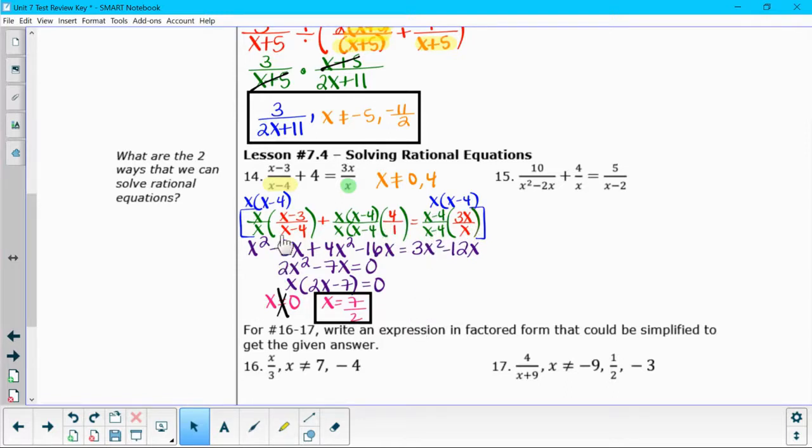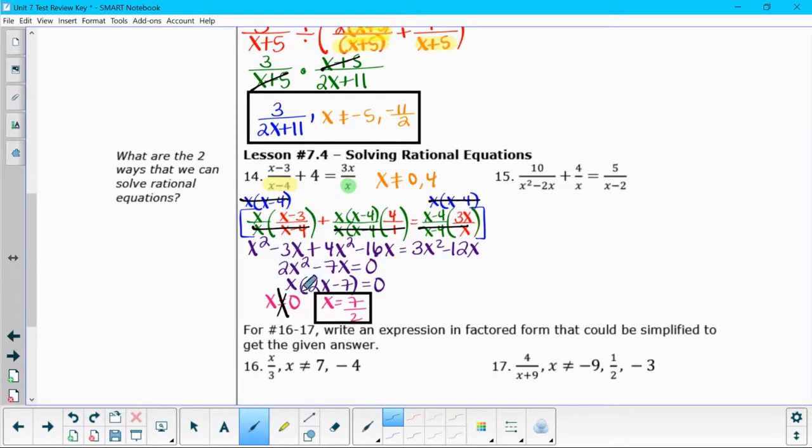Now, once I have created this common denominator, I multiply through by the least common denominator, and I'm left only with my numerators. So I do go through and multiply. So the x is going to distribute, the x minus 4 is going to distribute, and the 3x will distribute, leaving me with 2x squared minus 7x equals 0. I do have a GCF of x.